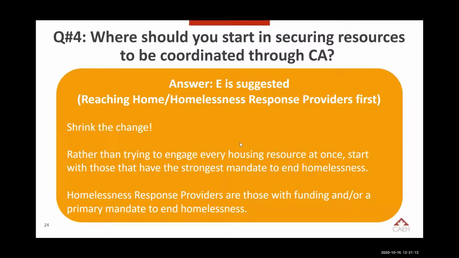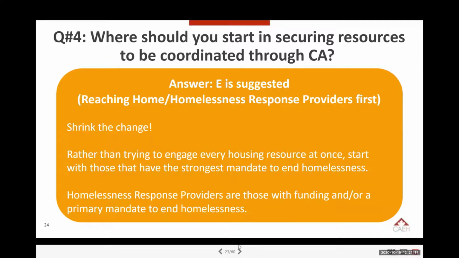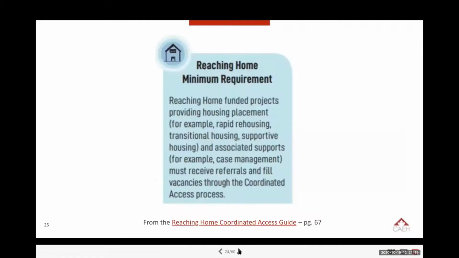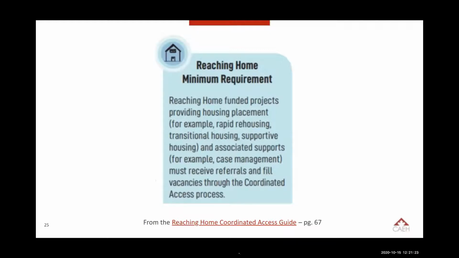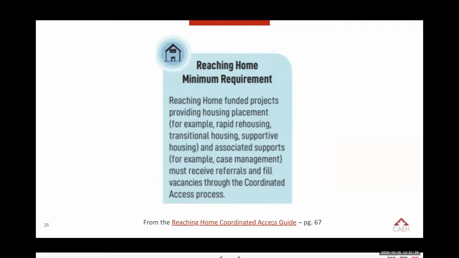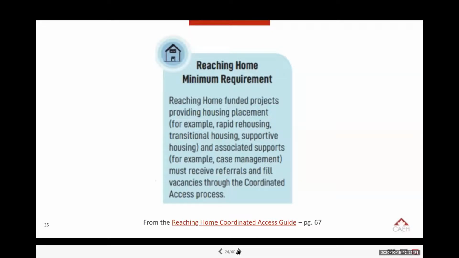That can sometimes be a bit harder to engage. It can get really complicated at that point. Yeah, especially when you're just trying to get started. So this is what Reaching Home says, a reminder that if you are a Reaching Home designated community, those housing resource projects funded through Reaching Home must fill their vacancies through your coordinated access process. Something that has to happen.